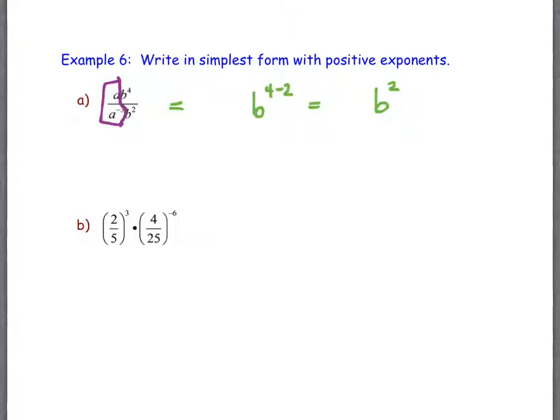So what's different about the a to the 3rd, that part of it, that I say it can move up than the other one? Yeah, so if we move things between the numerator and the denominator, it changes whether they're positive or negative. So one way to handle this is to leave the a where it is, and then simply move the a to the negative 3 up. And that's very much using property number 8 that we just did.